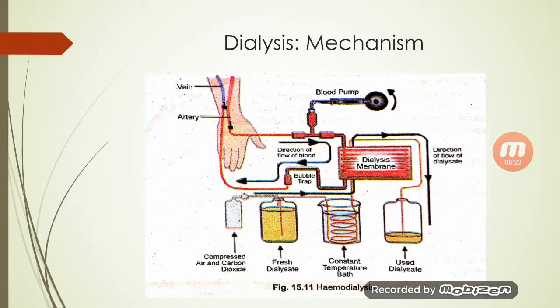These tubes are synthetic tubes made of cellophane membrane. Now the dialysate, which is the fluid present in the dialyzer, contains the proteins and amino acids which need not be excreted from the body of the patient because the kidney is already not working.